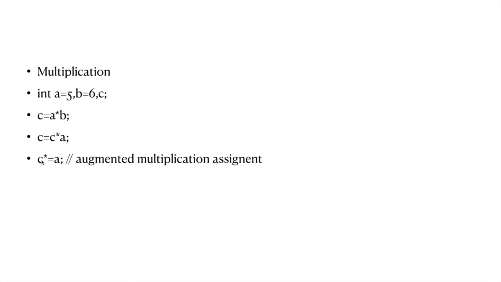So this is the augmented multiplication assignment. Here you will see c multiply-equals a, and this means multiply c by a and then assign it back to c.